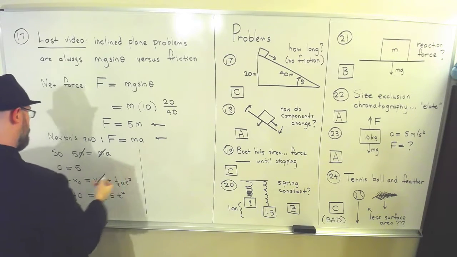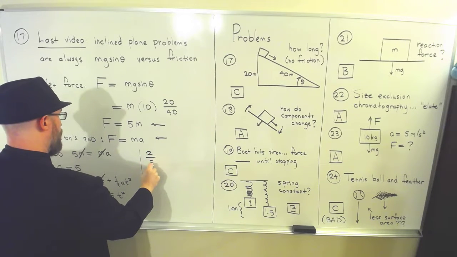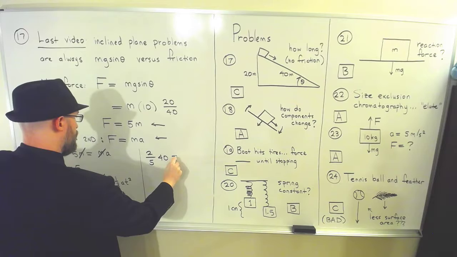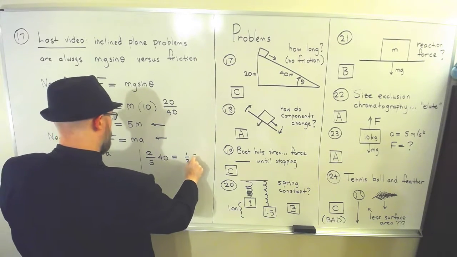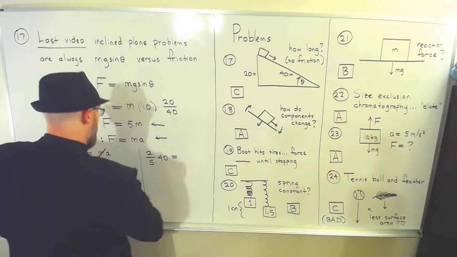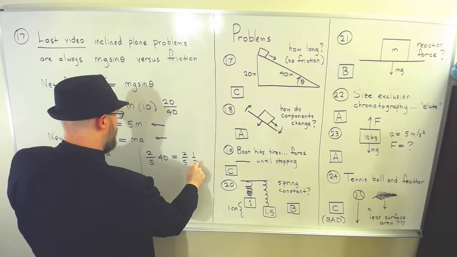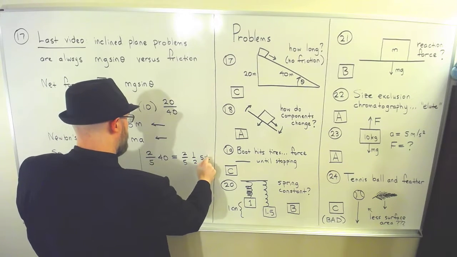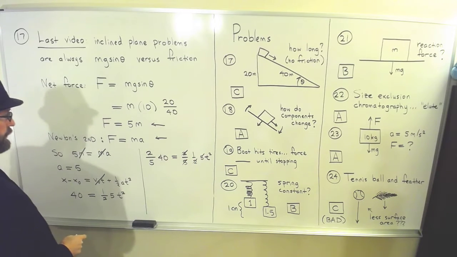So I multiply by 2/5, the 1/2 and the 5 on t squared. And the reason I did this is to make the 2's and 5's cancel.